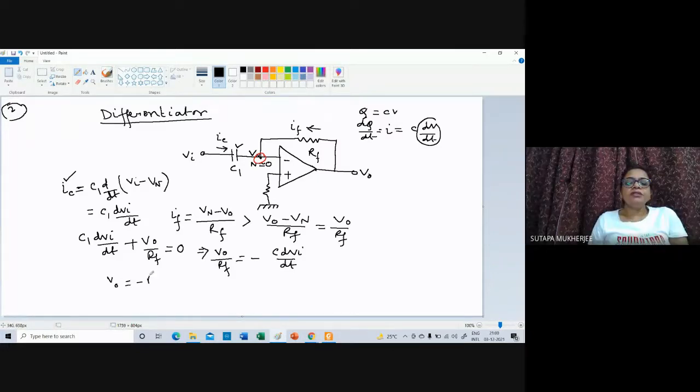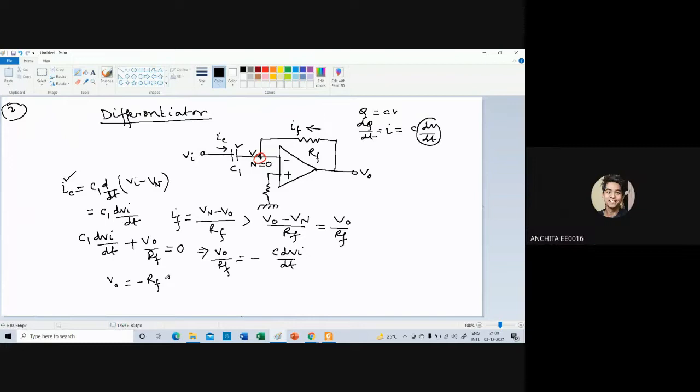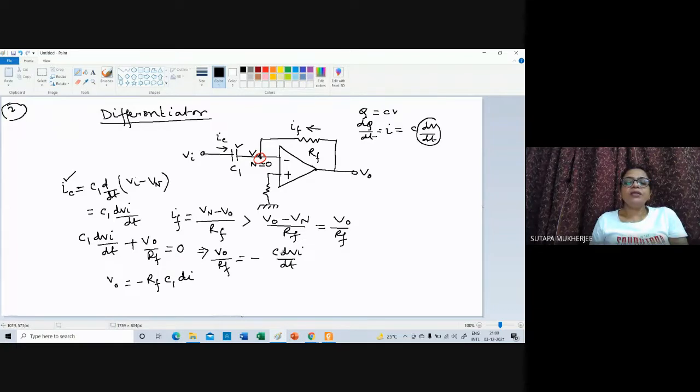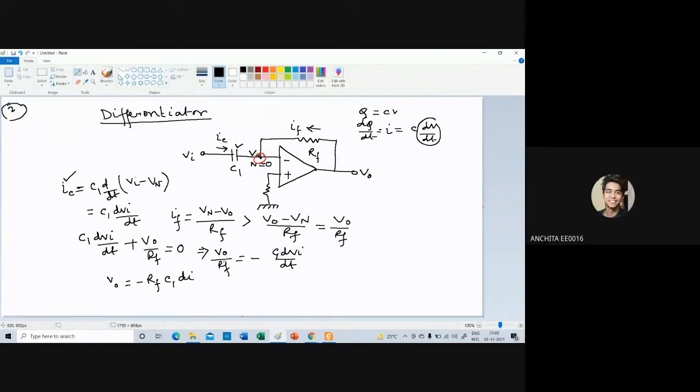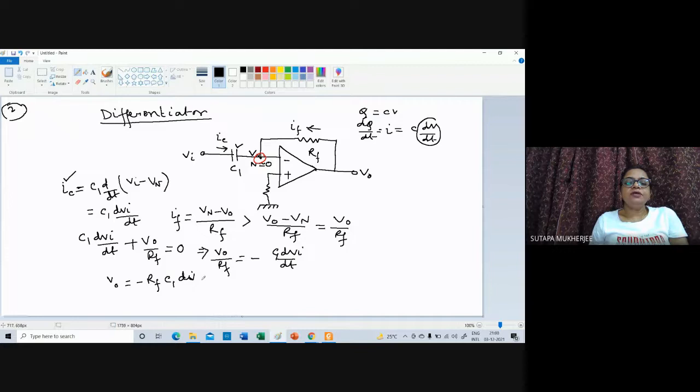V naught will be minus RF C1 dVi/dt. It is C1, I think so. So if you take the Laplace, what will happen? What is the Laplace of V naught?